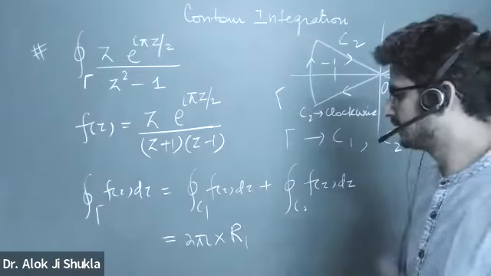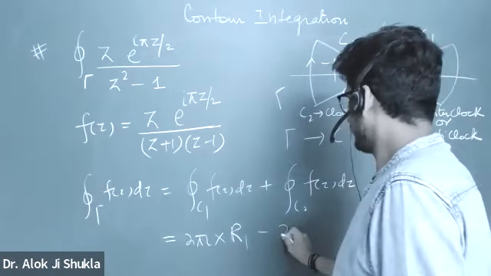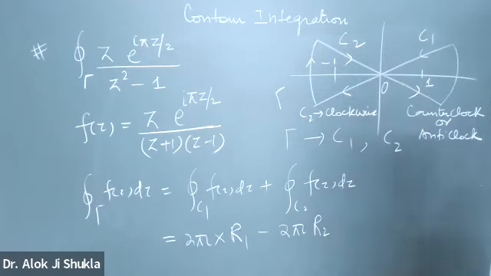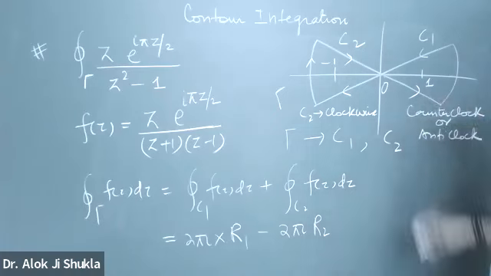Let me call that residue R1. And C2 will demand minus 2 pi I into residue. Let us call that R2. This much should be clear. For this C1, 1 is lying inside, and for this C2, minus 1 is lying inside.